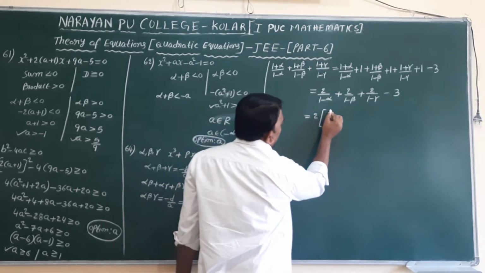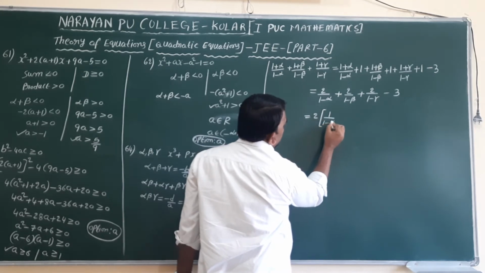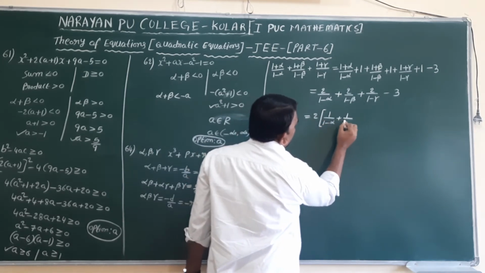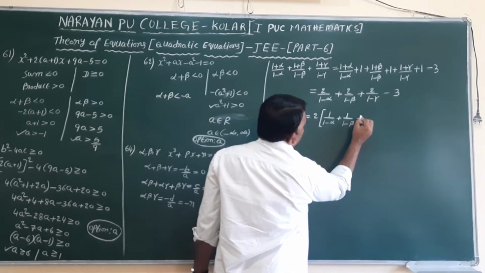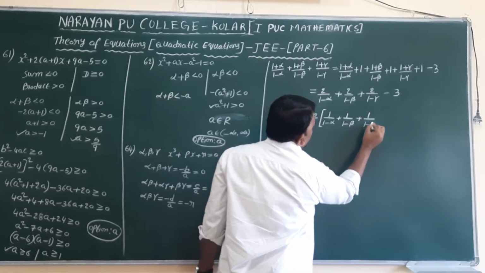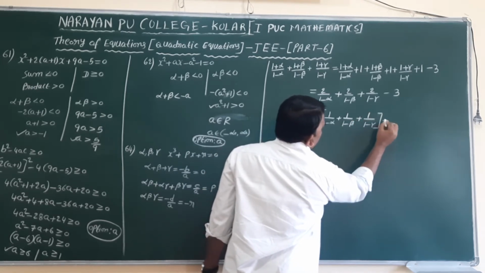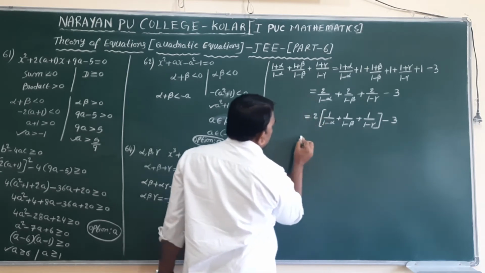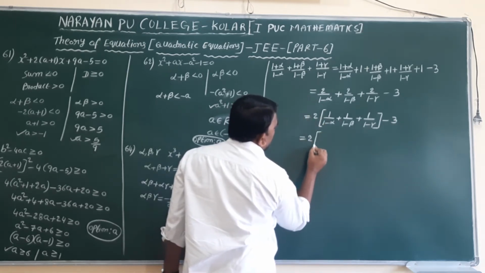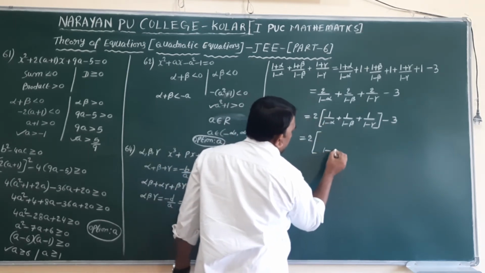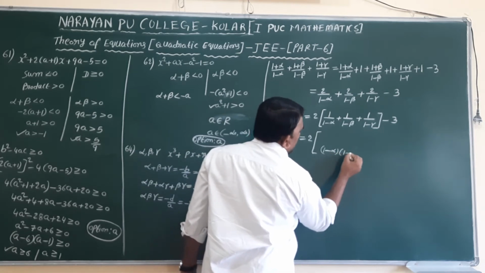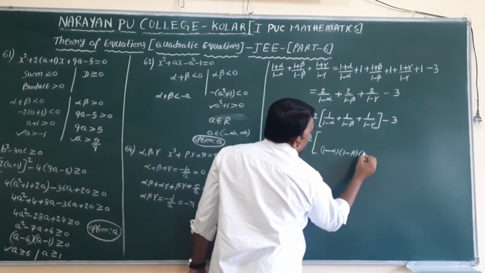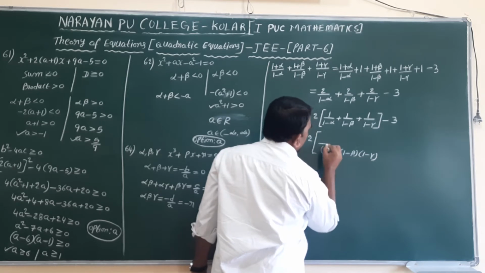Remaining is 1 by 1 minus alpha plus 1 by 1 minus beta plus 1 by 1 minus gamma, minus 3. LCM take it.